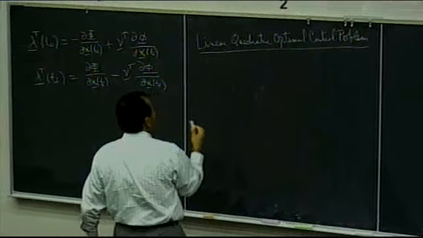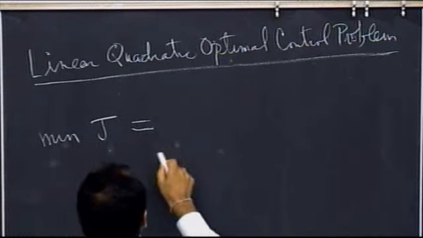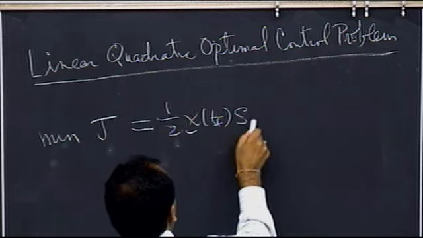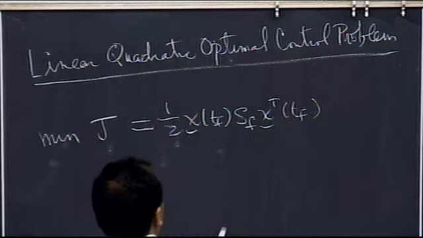So the problem is stated as follows: minimize J, where J is equal to 1/2 x(tf) Sf x transpose(tf). I'll define all these things in just a minute.